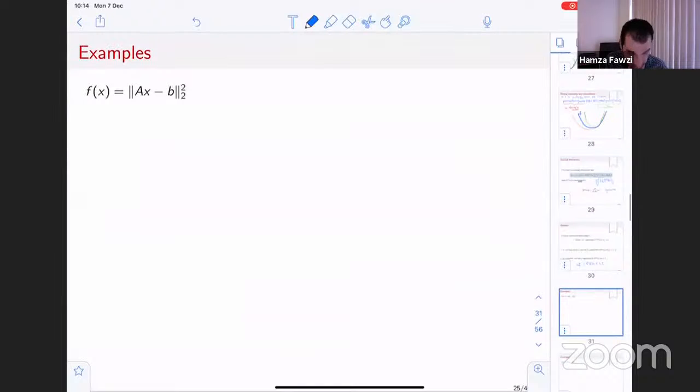Let me conclude with two very simple examples of convex functions and try to understand whether they are mu strongly convex or L smooth. The first function is just a quadratic function like this. Here the gradient of f of x, I assume you know how to do this so I will not do all the details, is 2 A transpose A x minus b.